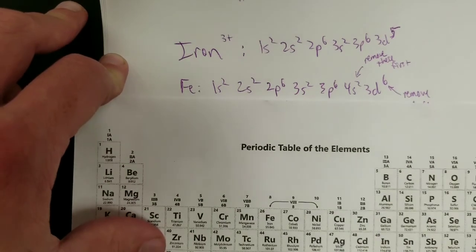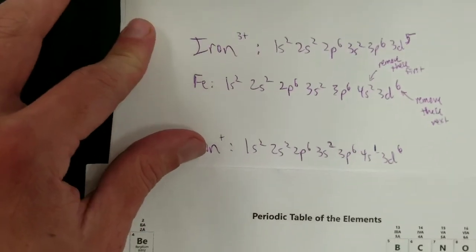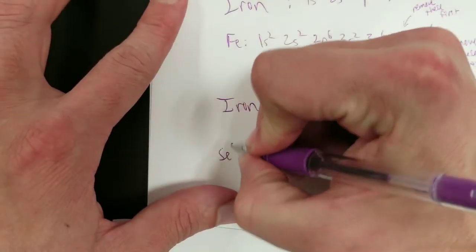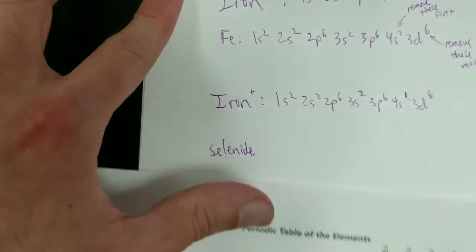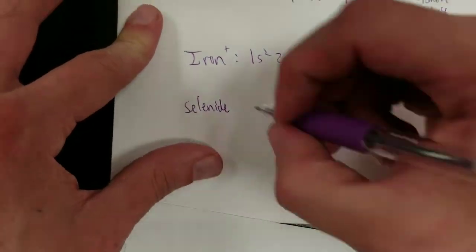All right, so any of the rest of these is going to be the same thing. Now, if you have a bigger one, let's do a selenide ion, which, as you can see from its position, is a 2 minus.